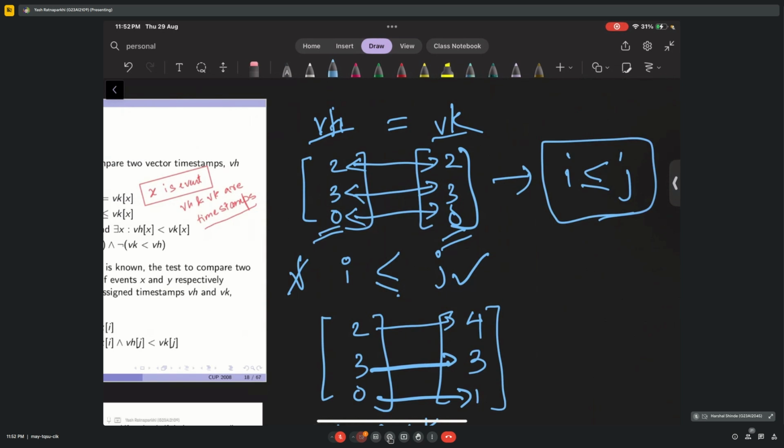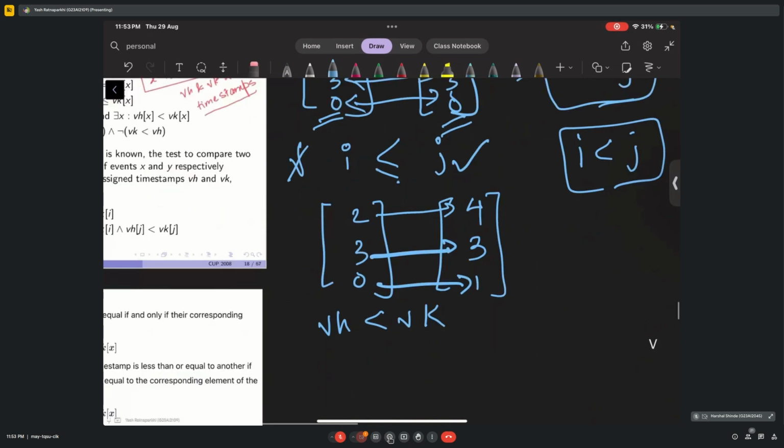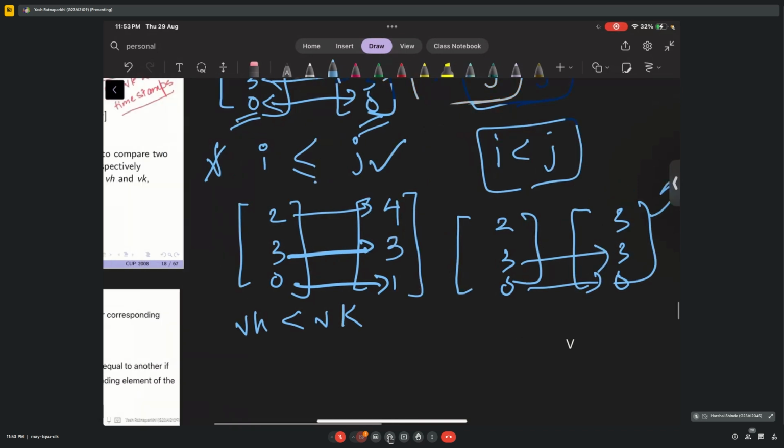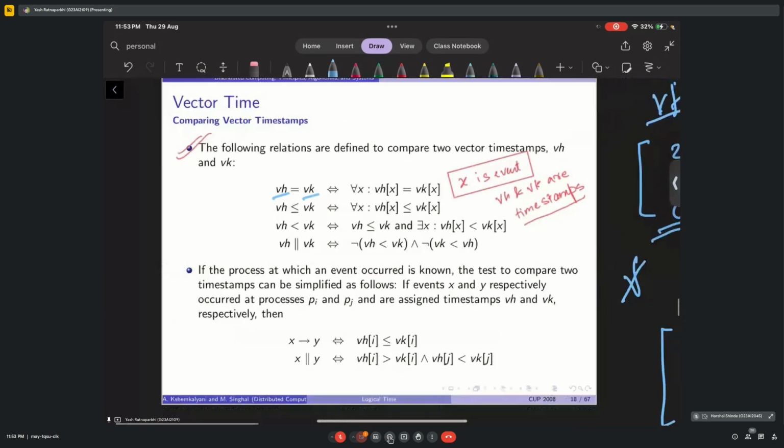But if I want to say I less than J, then what I am trying to say is that among these there should be at least one value that is smaller. That means if I write here 230 and here 330, even though they are mostly the same, I have at least one index where 2 is less than 3, and hence it is known as strictly less than. That's what it is trying to say. Understood? Perfect.